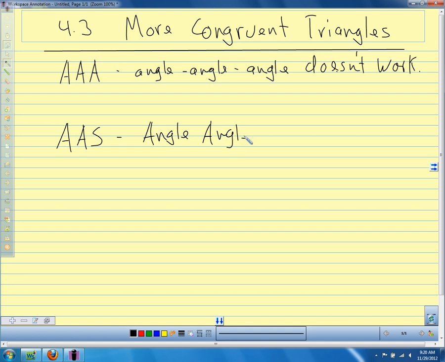So you can put that in your bubble there in your graphic organizer. And we're going to talk a little bit about angle, angle, side, and then we'll get to what we want to write about this. We can use angle, angle, side to show that triangles are congruent, but we have to be careful. And let's take a look at why.